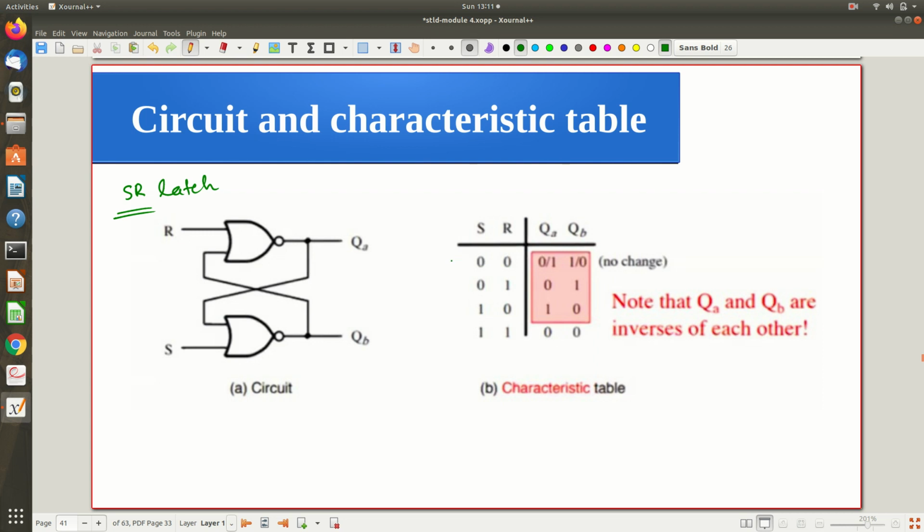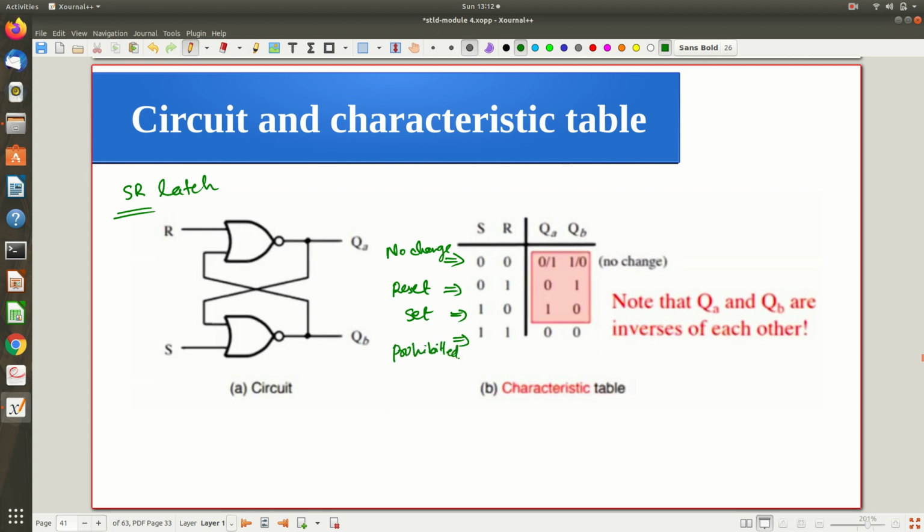When R is equal to 1, that is resetting. When S is equal to 1 and R is equal to 0, that corresponds to set. And this one, both 1, is not allowed, or prohibited, as we call it.